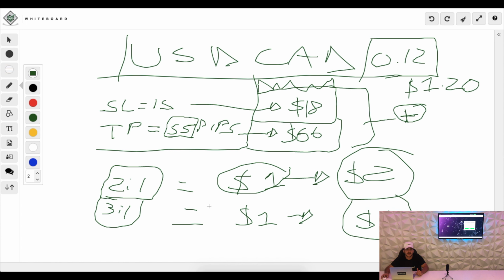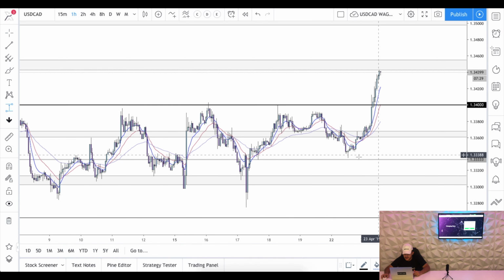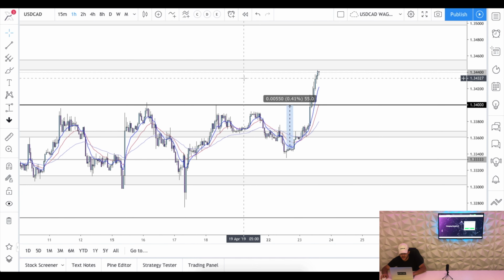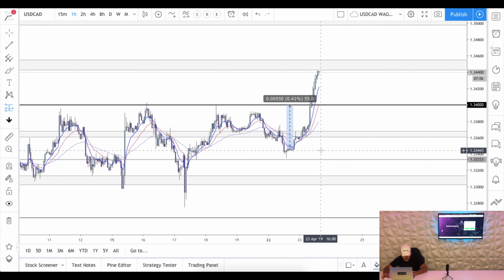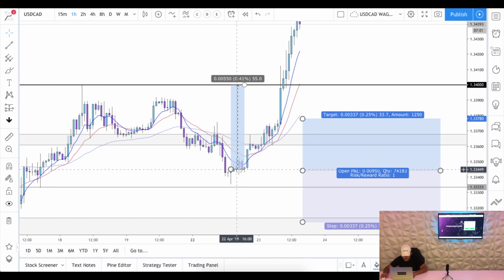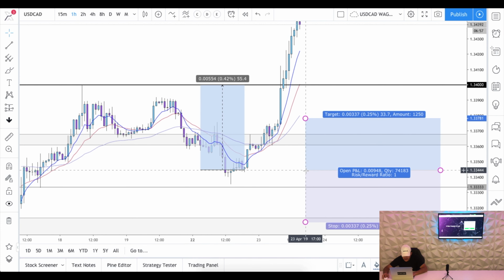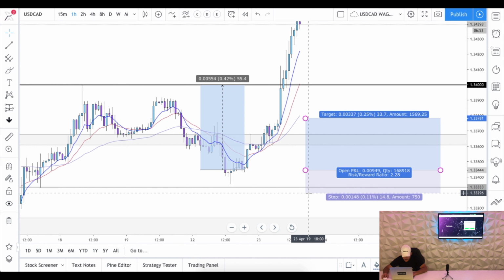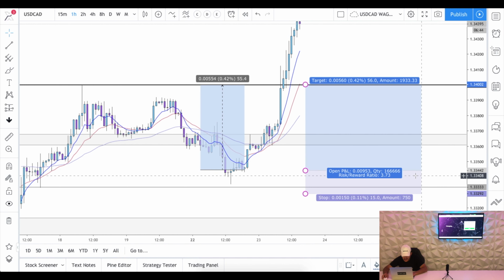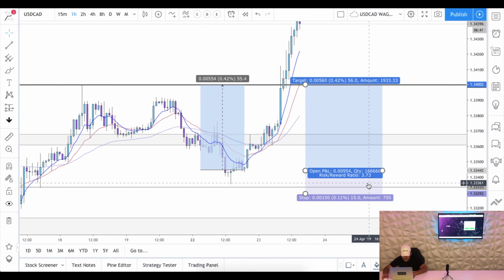So now let's pull up USD CAD and use this bull run out of the trade at our major psychological area of resistance 1.34 with 55 pips of take profit. Let's suppose that we entered after this hammer closure, this one, with a small stop loss of around 15 and then around 55 or 56 pips of take profit.